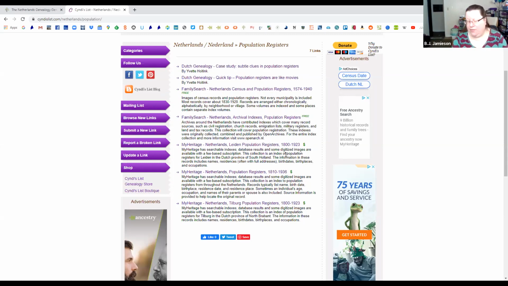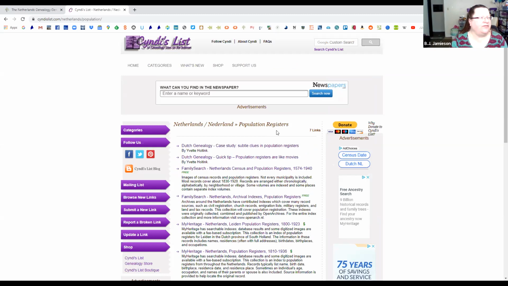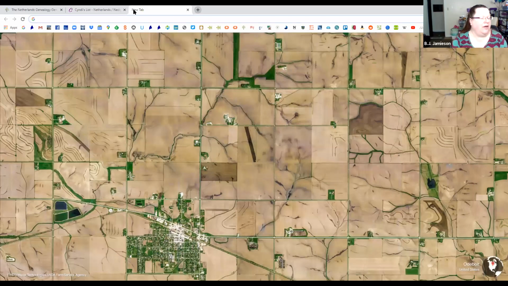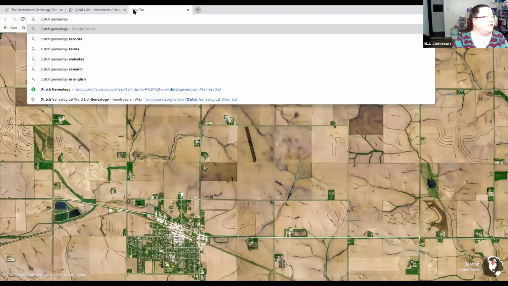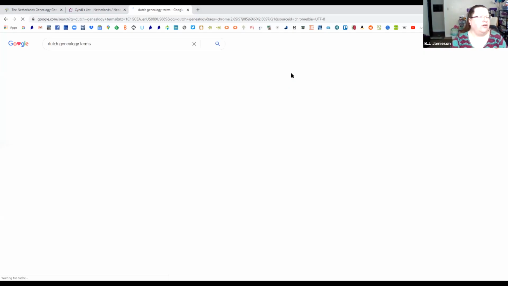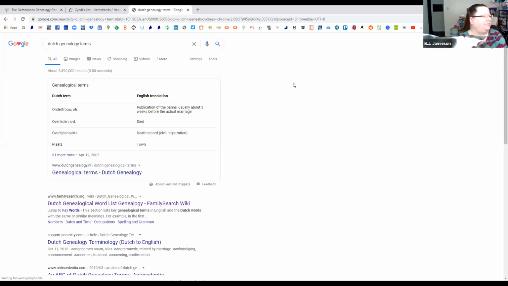The other thing I would do, with this one, we found a good word list from the FamilySearch wiki page, but Dutch genealogy terms or words would probably get you results.